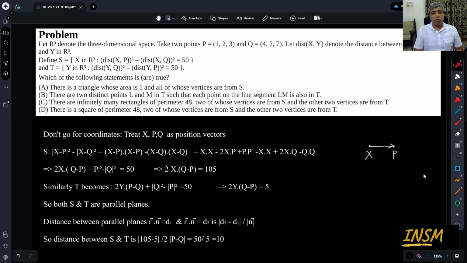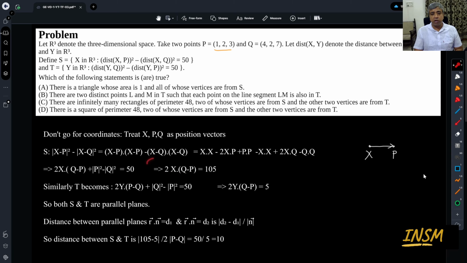Now we put the values of mod p square and mod q square, which you can easily get from here. Mod p square will be 3 square plus 2 square plus 1 square, and mod q square is 4 square plus 2 square plus 7 square. So we take these to the other side and you get the equation of set S as 2x dot q minus p equal to 105.